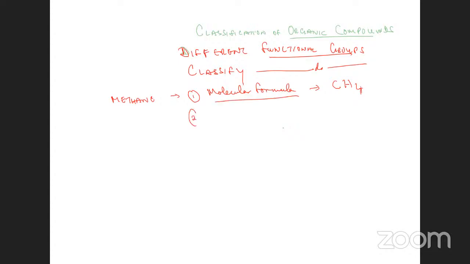Then you can also do a structural formula. Before I classify, I want to tell you the different ways of writing. So in the structural formula, we can have a displayed formula. So molecular formula, structural formula, we have displayed formula.